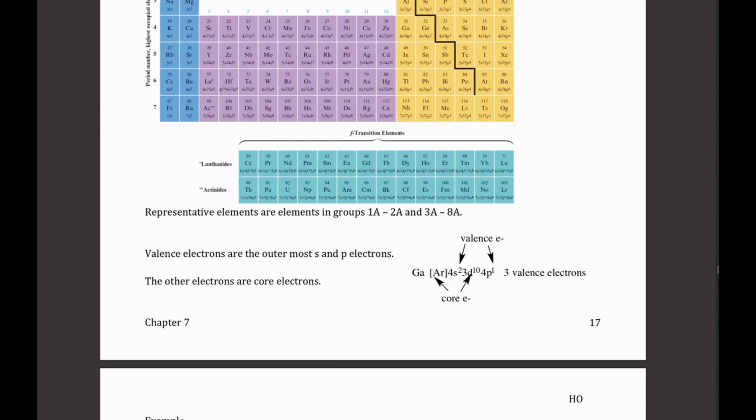Those are the ones that feel the outside world. Those are the ones involved in bonding. Those are going to be what are important to us as we look at bonding. Valence electrons. The core electrons are all the inner ones. They're all the electrons represented by the argon electron configuration symbolism and all those 3d electrons. Those are the core electrons.